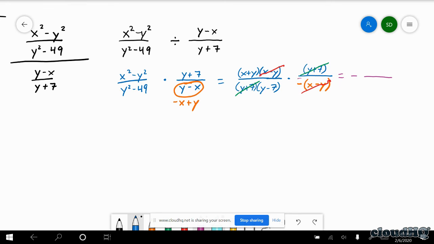I'm going to take that negative here and just slide it in front of the fraction, and then in the denominator I have y minus 7, in the numerator I have x plus y. Sometimes we take that negative and distribute it to the numerator. You could do that as well. I'll just leave it like this. So it's a negative x plus y over y minus 7.